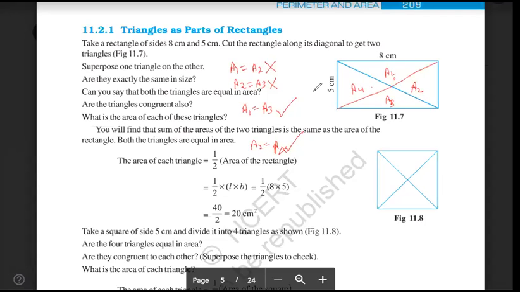Okay, guys. Now, what about square? A1, A2, A3, A4. Which areas are equal? All are equal. Very good, because it's a square, so even diagonals are equal, everything is equal.